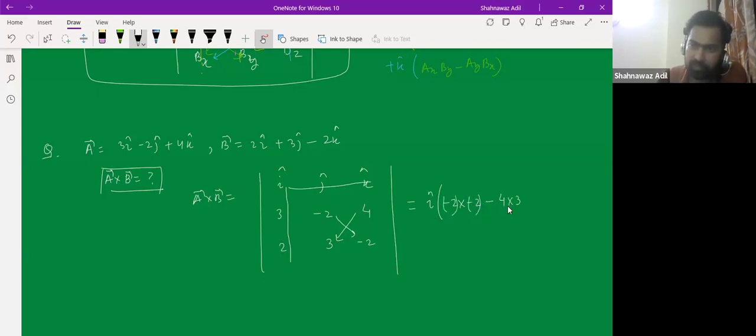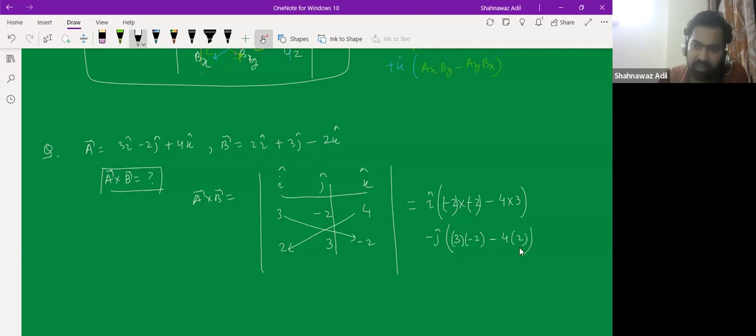Yes, sir. Then I take the J part, which is taken with a minus sign. I ignore this row and column, so what remains is this one and this one: 3 into minus 2 minus 4 into 2.